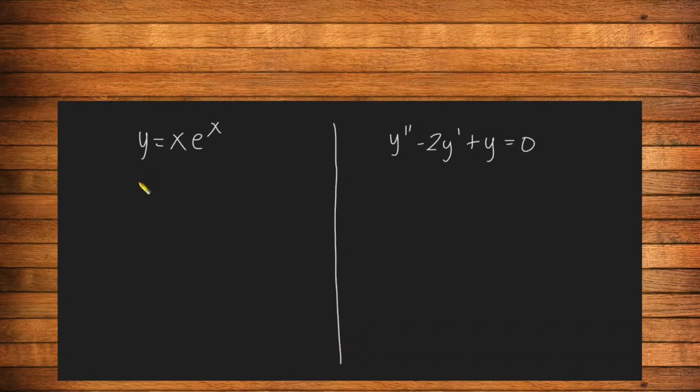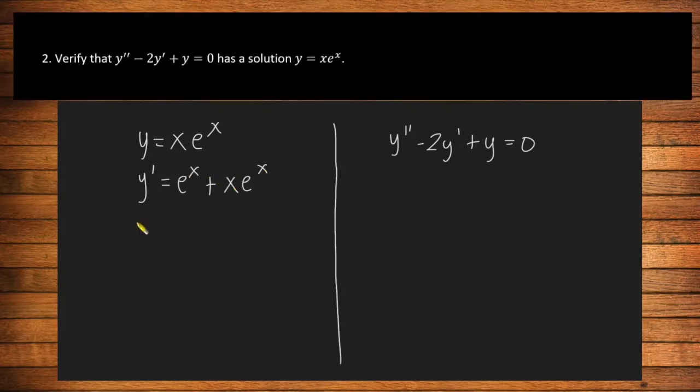And if we take the first derivative, we have e raised to x plus x e raised to x. And then for the second derivative, we will have e raised to x plus e raised to x plus x e raised to x. So further simplifying this, the second derivative of y will be equal to x e raised to x plus 2 e raised to x.